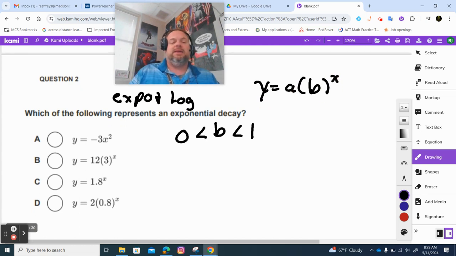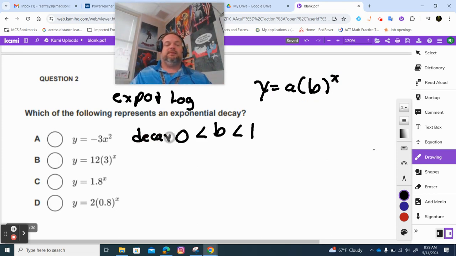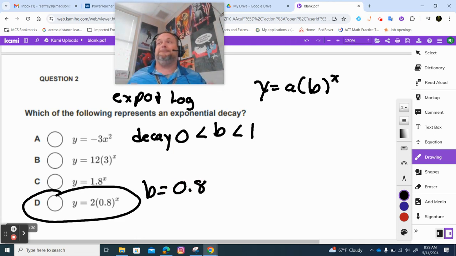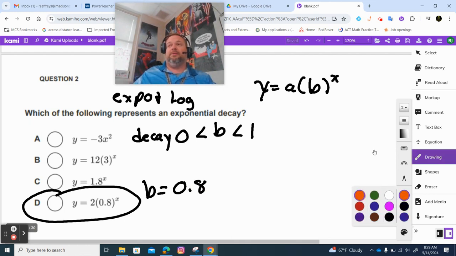So decay, this is decay. For this one, this would be our answer because our b is 0.8. But a little birdie told me something about the final.